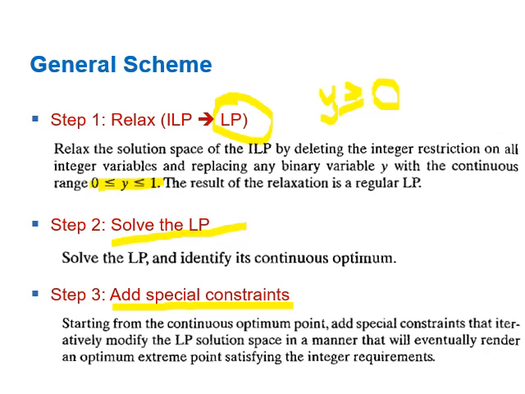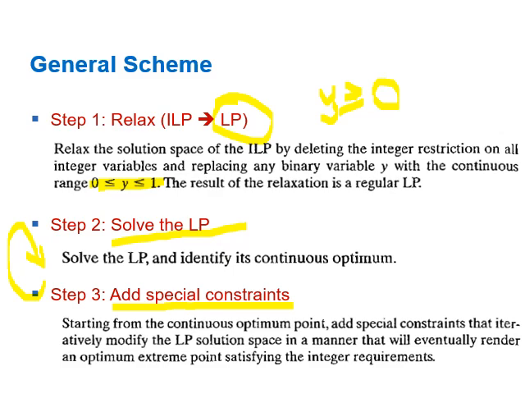And then, depending on that solution, we add some special constraint and solve it again. So there is a loop between step 2 and 3. We do these two steps iteratively until we find the best integer solution. Okay, so this is the general scheme of how these algorithms work.